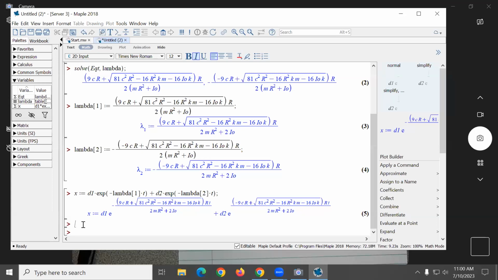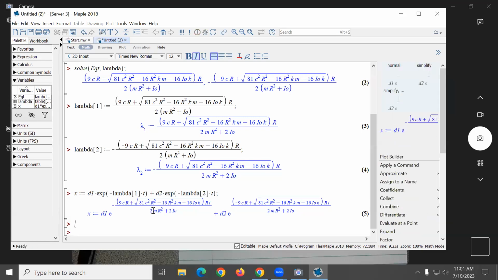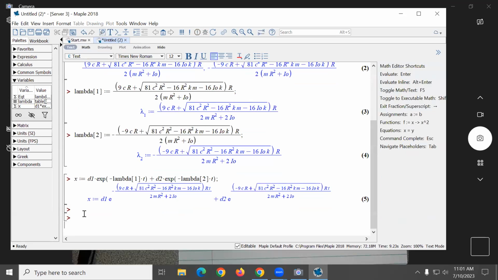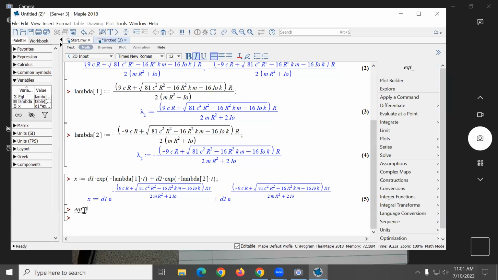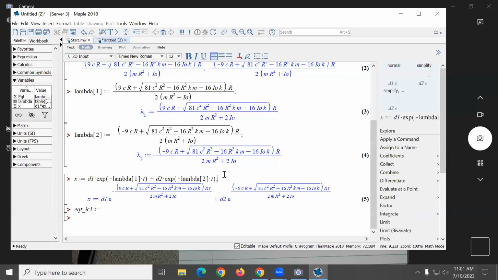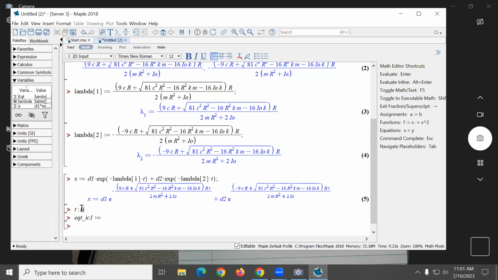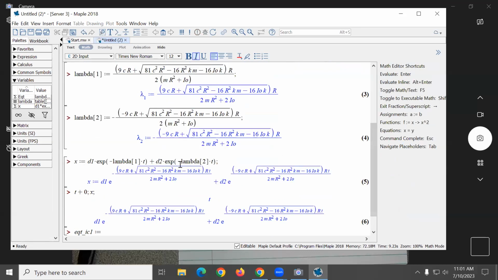The first initial condition is, at t equals 0, what is x? I know what this is going to be.